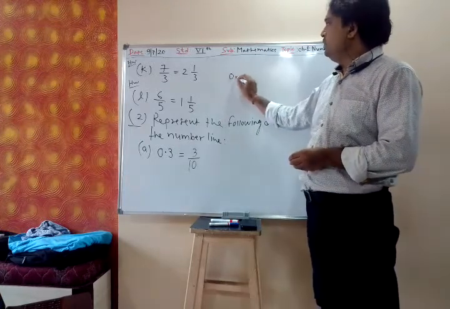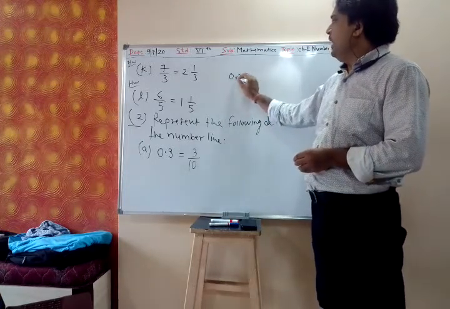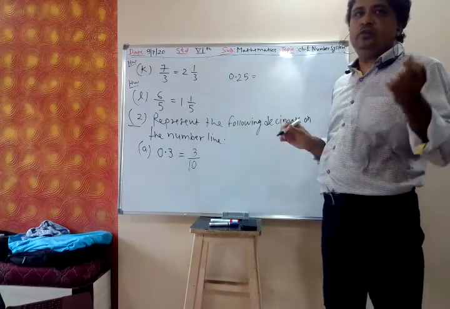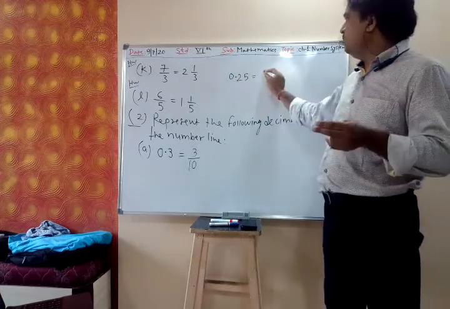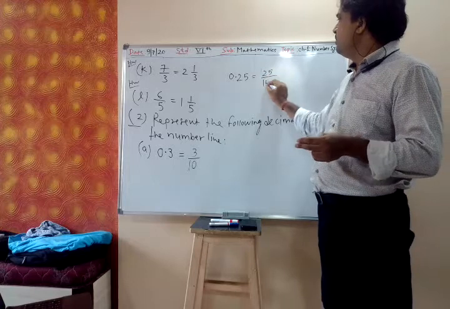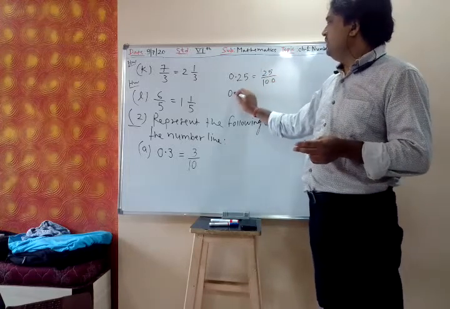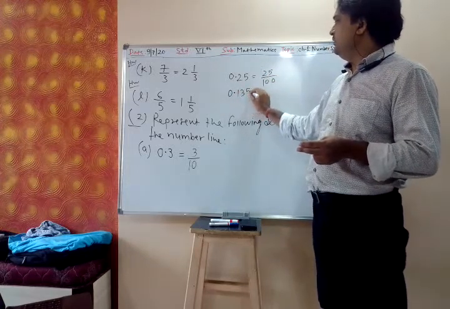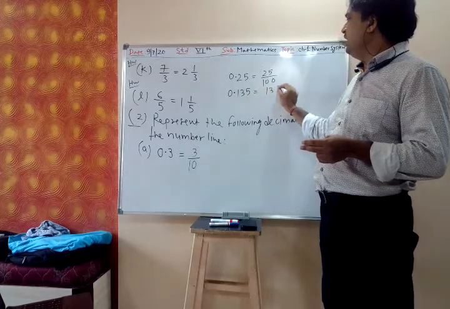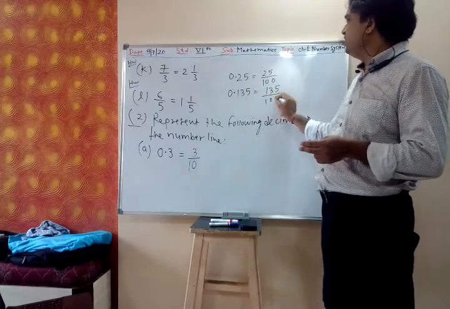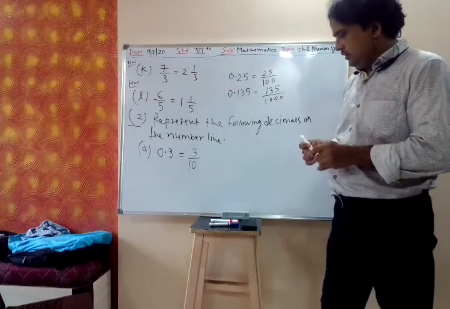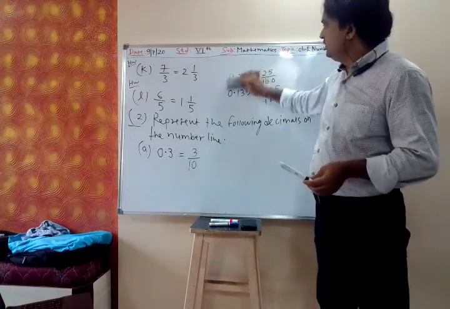Suppose it is 0.25. After decimal there are how many digits? 2 digits. So I can write 25 upon 100. Suppose after decimal there are 3 digits, so I can write 135 upon 1000.